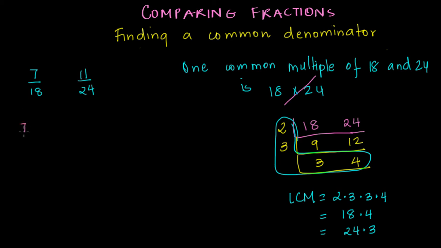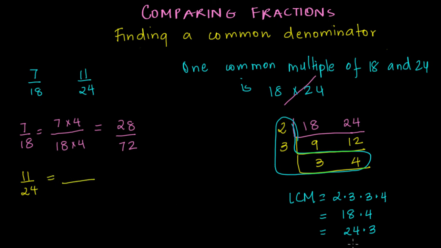So if I have 7/18, I know I need a denominator of 18 times 4. So if I multiply the denominator by 4, let me multiply the numerator by 4, and that makes it 28 over 72. And if I do the same to 11/24, I know that I need a denominator of 24 times 3. And if I multiply the denominator by 3, I'll multiply the numerator by 3.